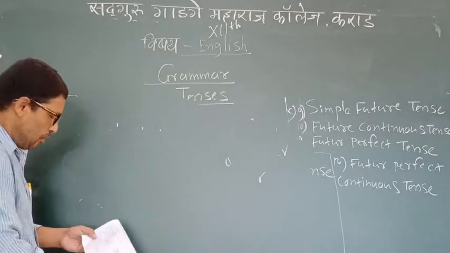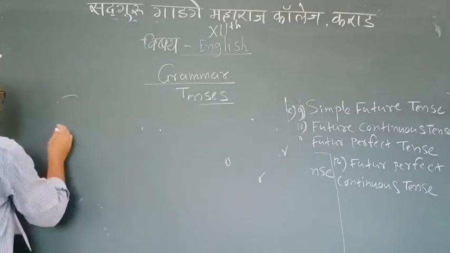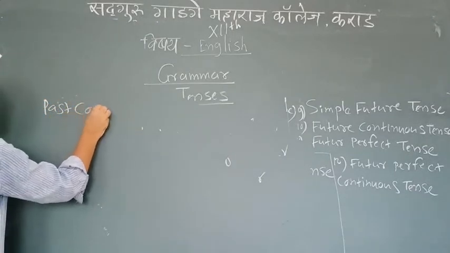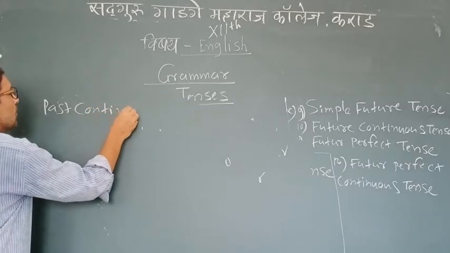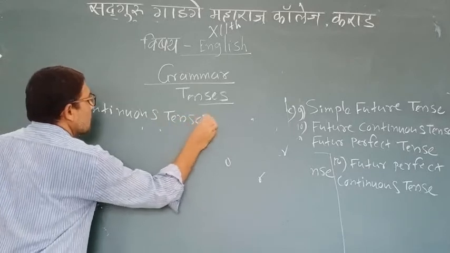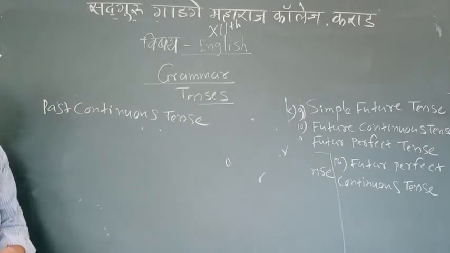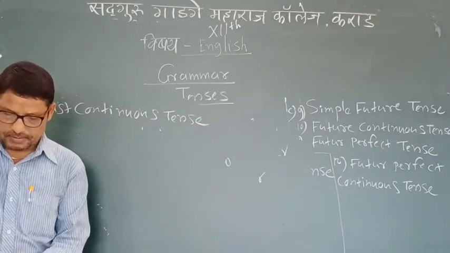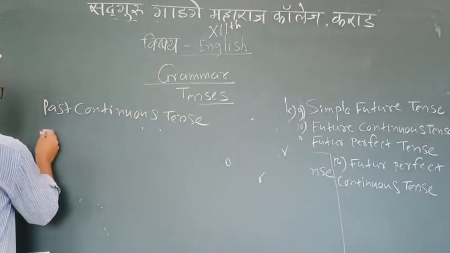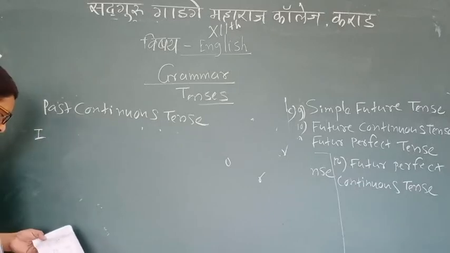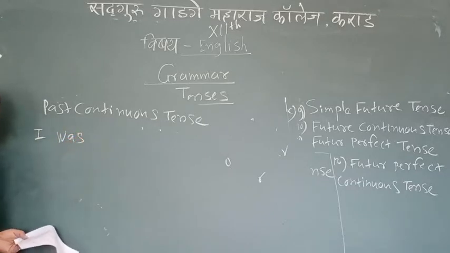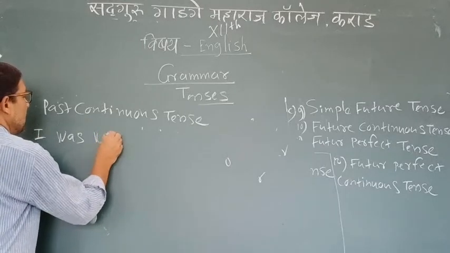Then see the example of past continuous tense. How can we create the sentences? First one, suppose I take I, the past form was writing.